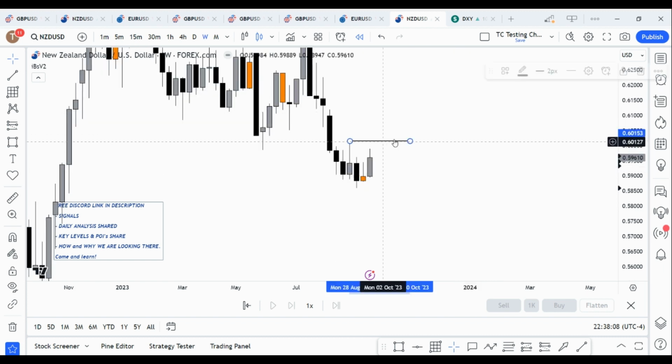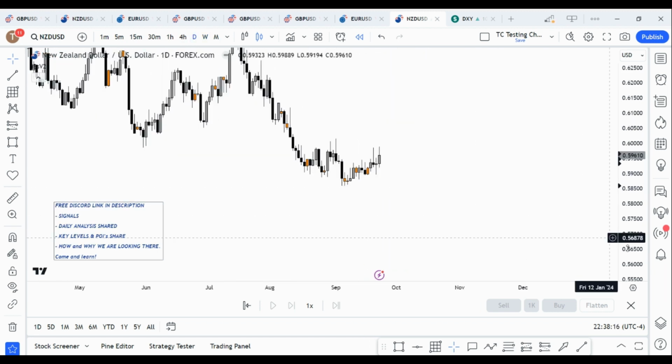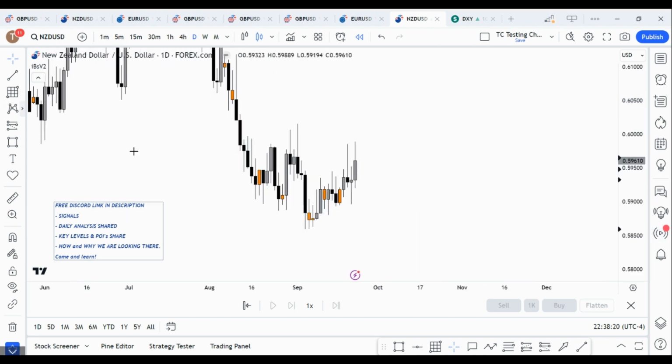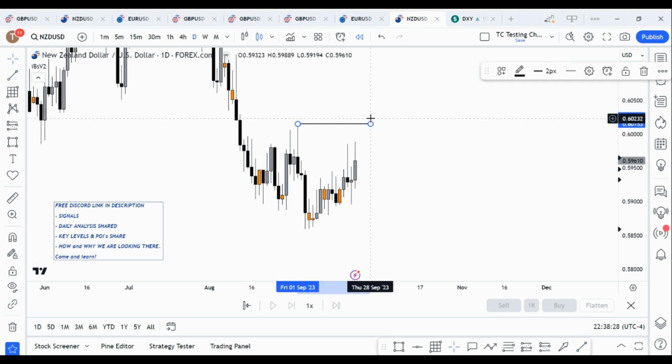So this is our current range, or current premium discount array, on our weekly time frame. So we can drop down into a daily time frame and we can denote our current trading range on the daily time frame, which would be this high to this low.